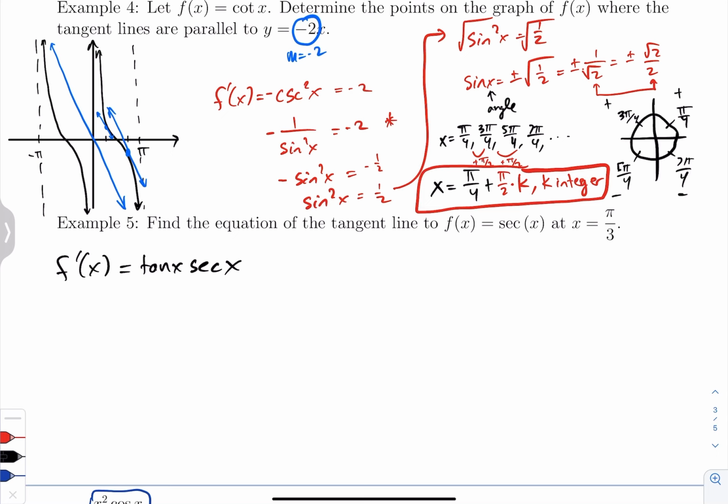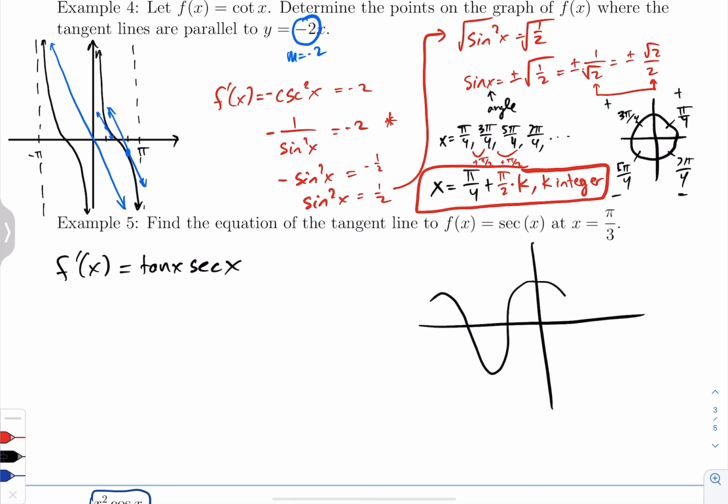So you could graph this also to get an idea of what this looks like. Remember, secant is the reciprocal of the cosine graph. So there's my cosine graph. So my secant graph looks like this, and then like this, and so on.